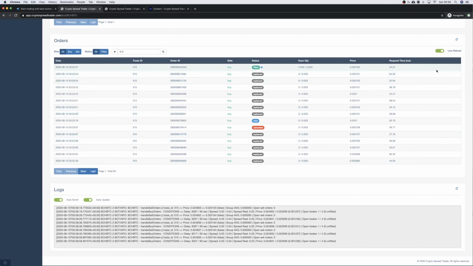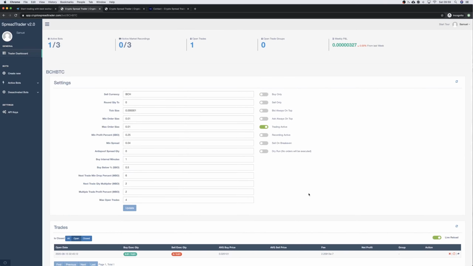There will be a button added here by tomorrow where you can manually define this order as closed. It will not inform HitBTC, it will just update our current database, since these are two separate databases. So just keep an eye on this. All these bugs will be fixed in time, but you should be perfectly fine. It happens very rarely, but with a good checkup twice a day, it should be fine.